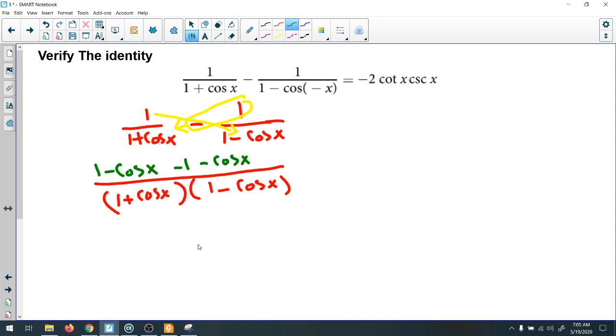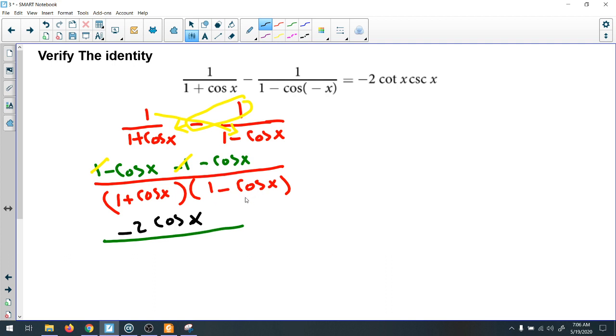Let's simplify more. Look at the numerator: 1 cancels out negative 1, and we just have negative cosine and negative cosine. Negative cosine minus cosine is negative 2 cosine x. Good? Look at the denominator, 1 plus cosine times 1 minus cosine x.